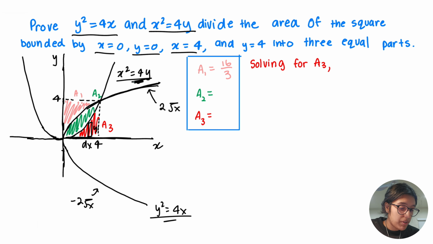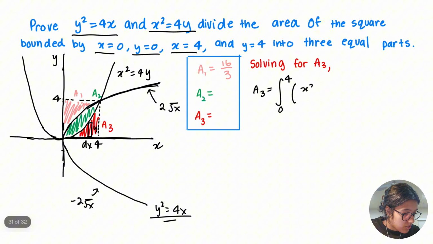We know that y is equal to x squared over 4. So our integral would just be A3 integration, and we're going horizontally, 0 to 4 of y, which was x squared over 4 dx.